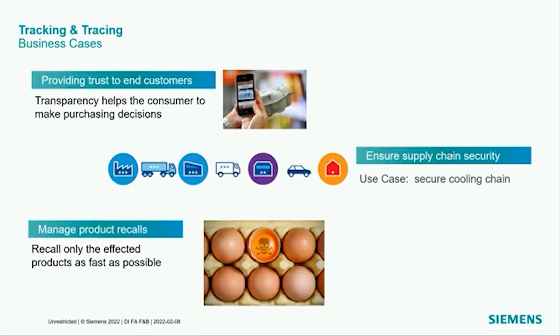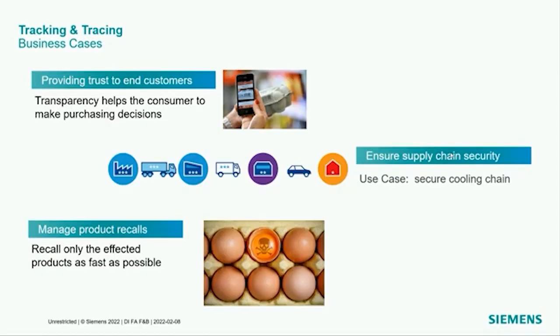A third scenario that's very important and that you hear very often in the news is being able to manage product recalls. As you might know, most recalls are caused by wrong labels, where you have missing or wrong information on the labels.